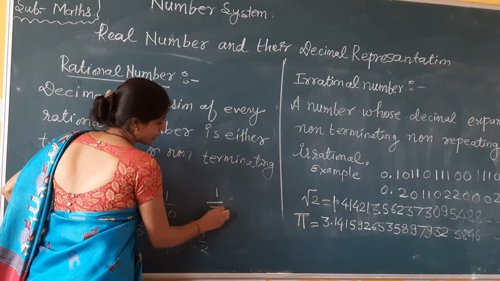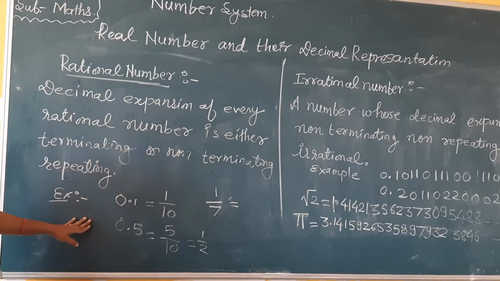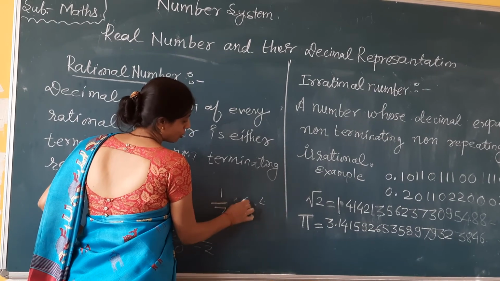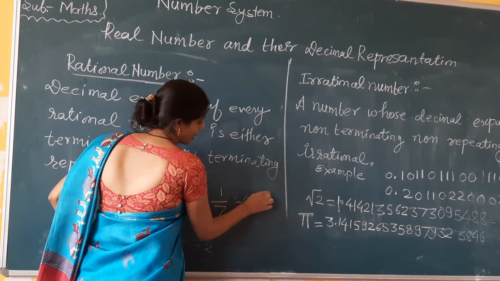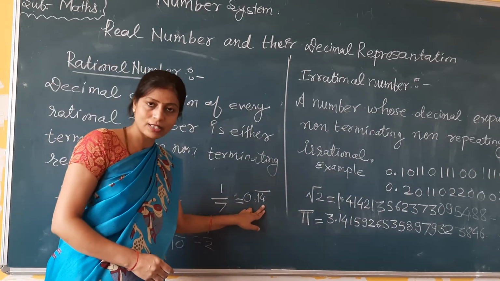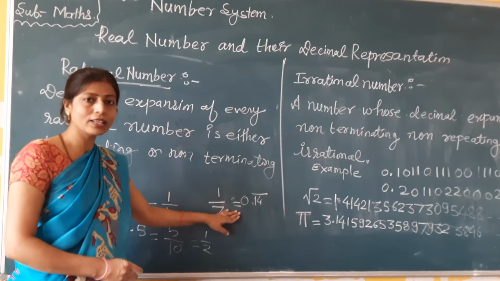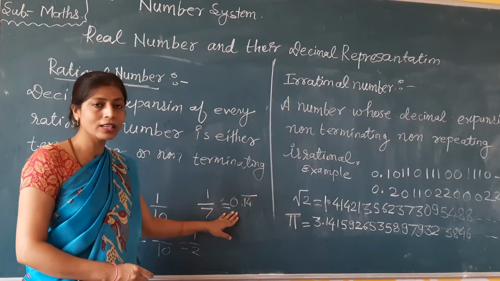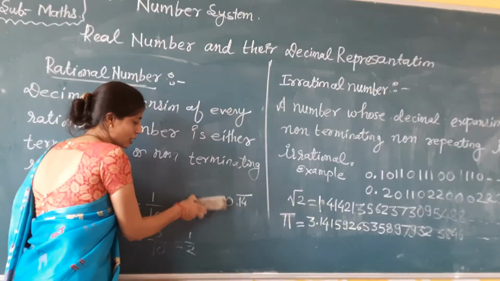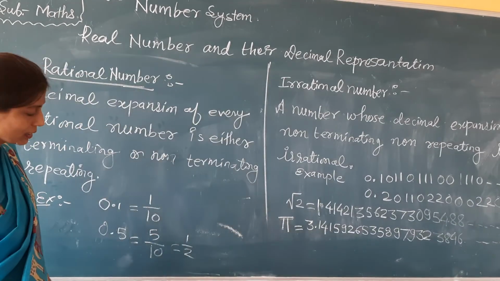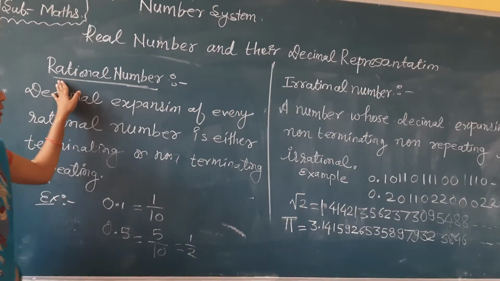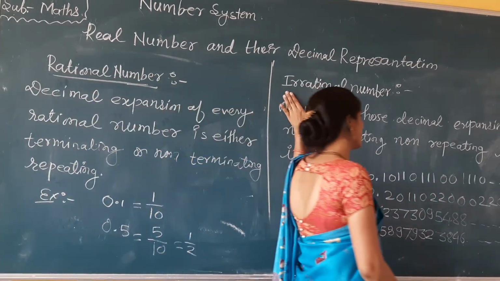As we see, the decimal representation of 1 upon 7 has a bar over the repeating digits. So this kind of decimal representation is called non-terminating repeating decimal representation. And the second thing is irrational numbers.